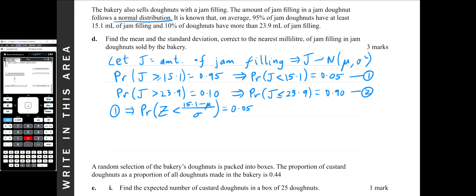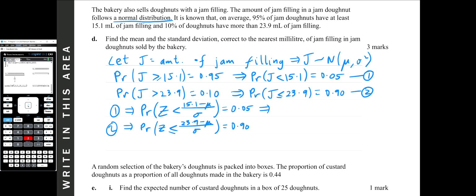And in a similar way, equation 2 will standardize to the probability that Z is less than or equal to 23.9 minus mu over sigma equals 0.90.